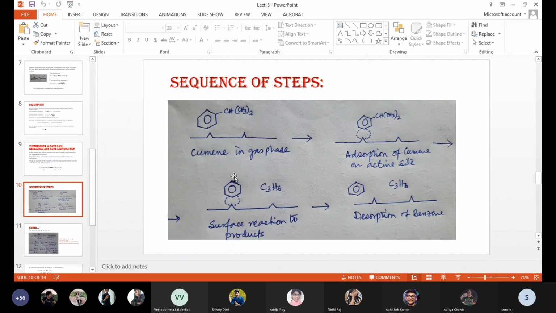After that, cumene reacts to form benzene, which is adsorbed on the active site, but the propylene which is formed is free, it did not adsorb on the active site. It goes directly to the gas phase. The next step is the desorption of benzene from the active site to make the active site free. So, here we get 2 products, benzene and propylene. So, these may be the steps we are considering.